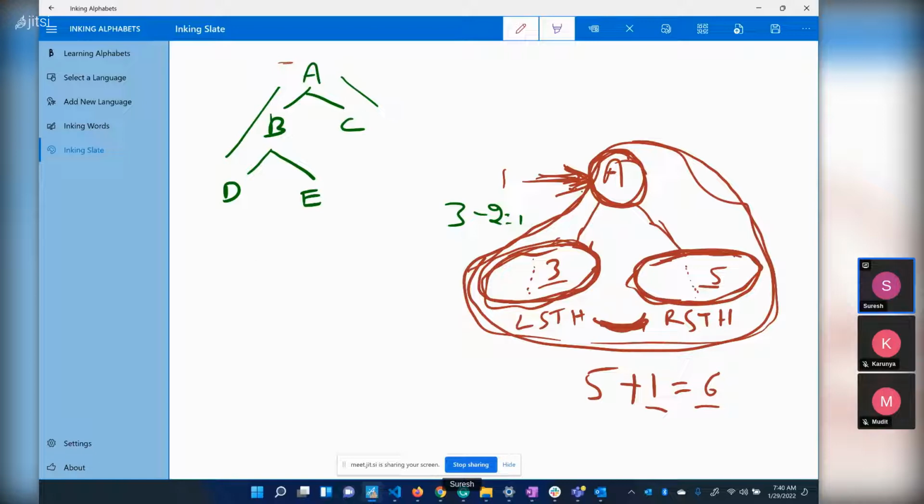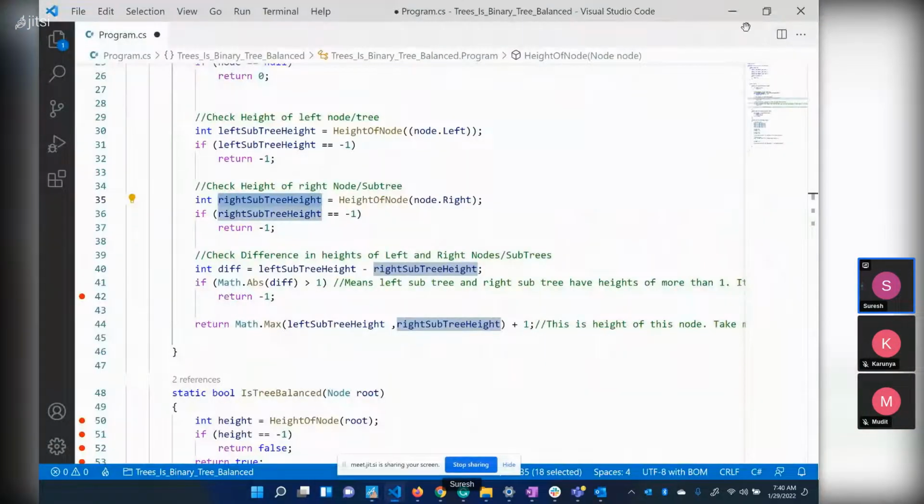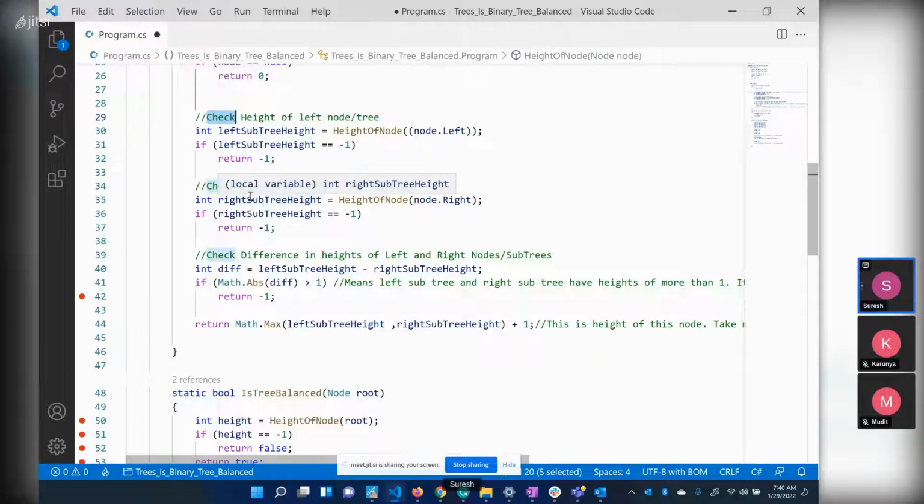Okay, but at any point of time, what we are doing here is calculating those two. See this, we check the height of the left subtree and check the height of the right subtree. Immediately we are not even doing these maximums or minimums. We are simply having one more condition. At any point of time, if you get -1, return -1.